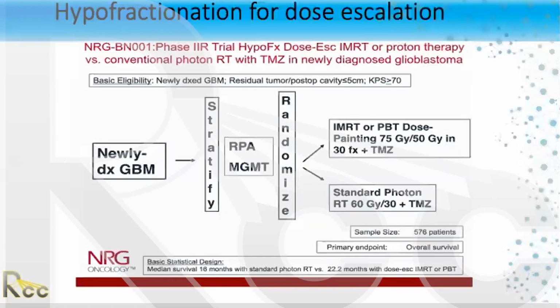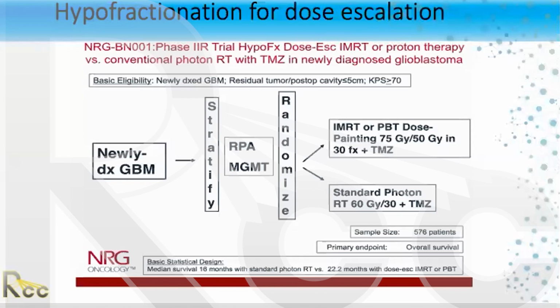I want to talk about one other perspective on hypofractionation, which is for dose escalation. We're seeing more and more clinical trials that are using hypofractionation as a means to increase the overall biologic dose. And often this is based upon a reconsideration now in the post-temozolomide era, because many of these studies were done previously without temozolomide, and you saw some of those initial studies back in the 70s.